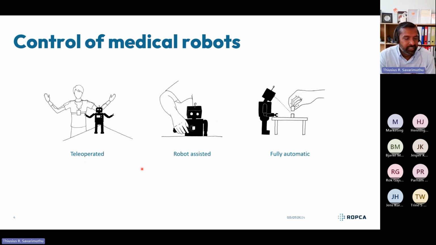Then there's a second category of clinical or medical robots, and these are robot-assisted systems where the robot assists the surgeons or the clinicians in performing the task, the surgical task or the clinical task.